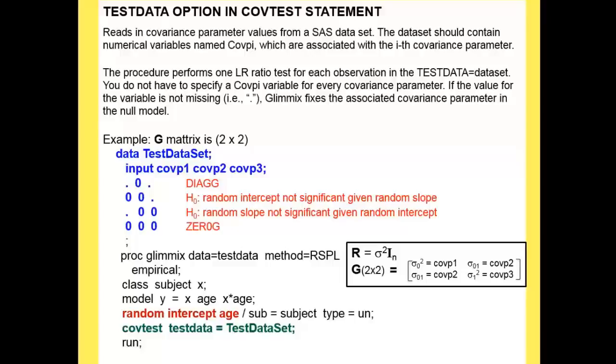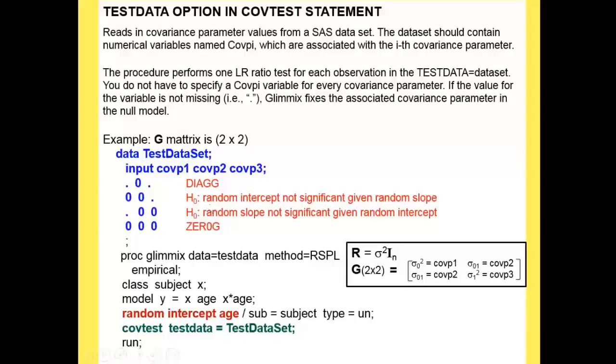You're not testing anything else other than whether you need any kind of random effect, or no random effect. If this test is not significant, this gives you evidence that maybe you don't need random effects. There are other tests you can do that may change what you do, but if this test is not significant, maybe you conclude that I need an R matrix, but I don't necessarily need a G matrix.